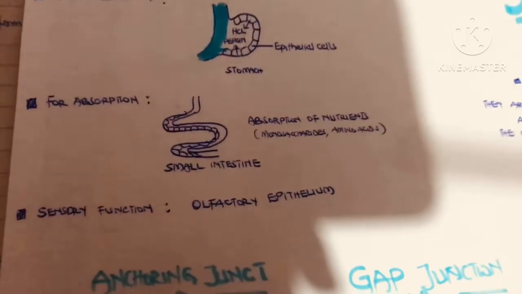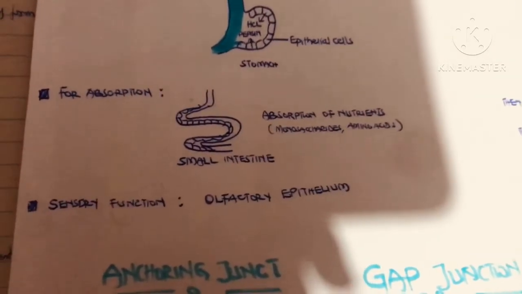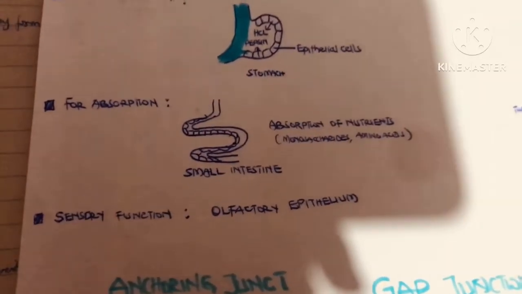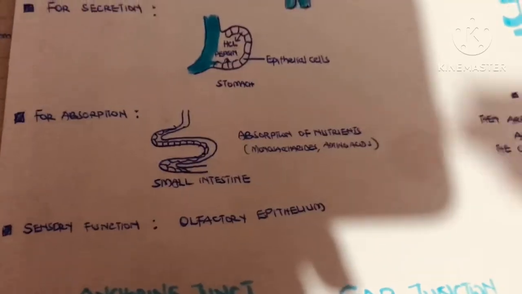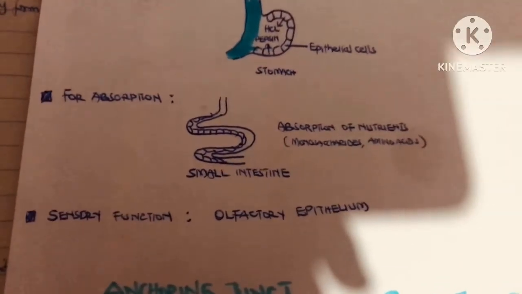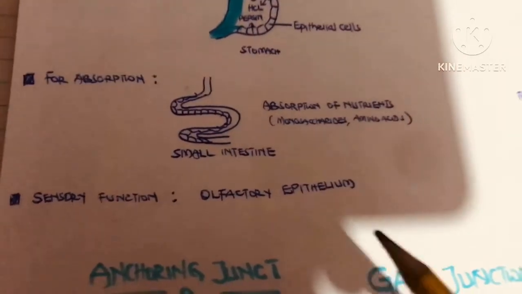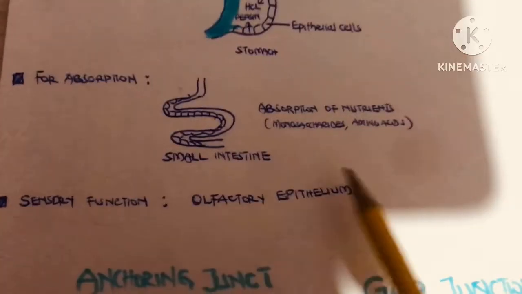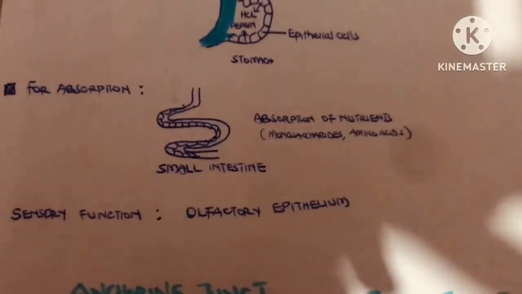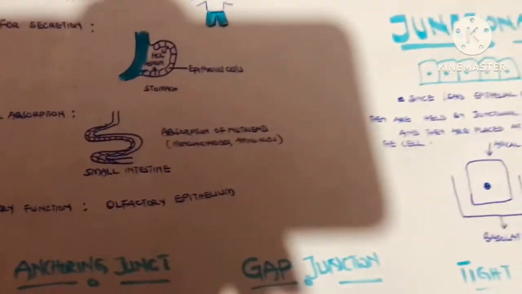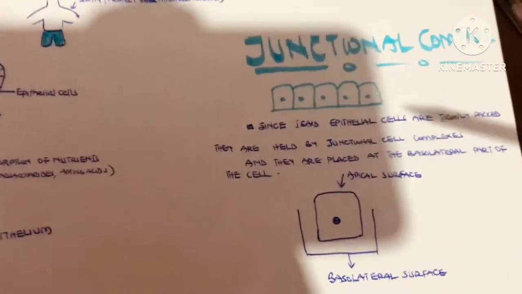When you look at your ear, it has epithelial cells that help it to sense sound. And also when you look at your nose, the nasal cavity has an olfactory area which is lined by olfactory epithelium, which helps in sensing smell.